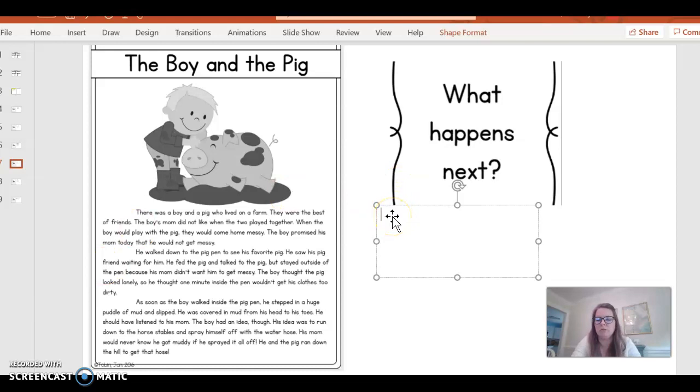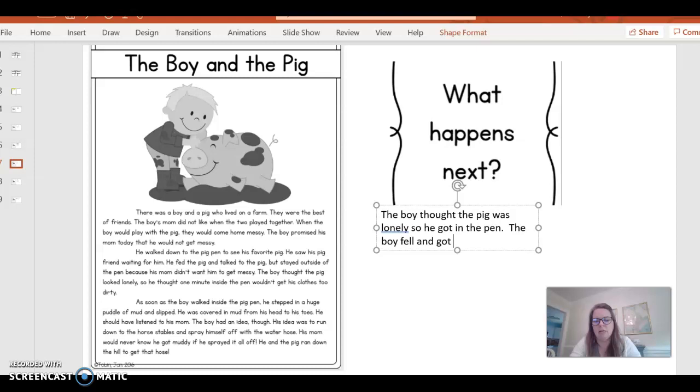So in the middle of the story, the boy thought the pig was lonely, so he got in the pen, and then I can simply say the boy fell and got muddy. Okay? All right, next slide.